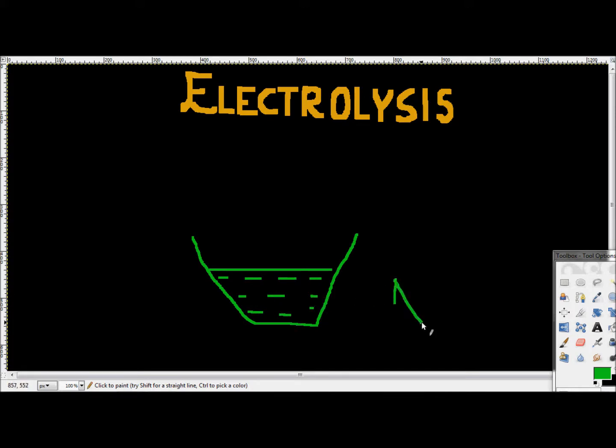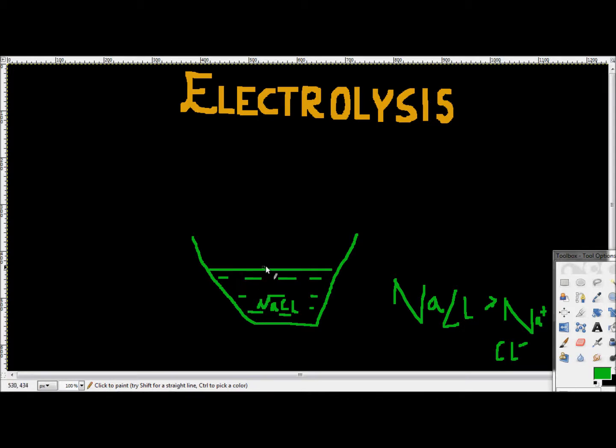So NaCl, composed of Na cations and Cl anions, sorry. In this state over here it is NaCl. Let's just take this as a molten state. So it's still NaCl. The bond is loose between them, but it is still NaCl.